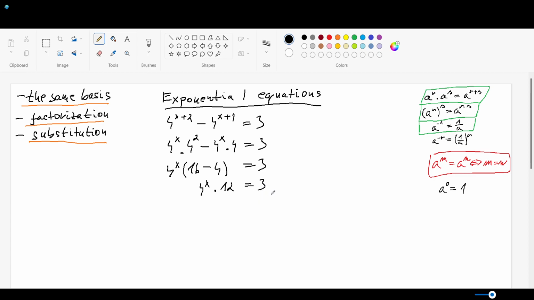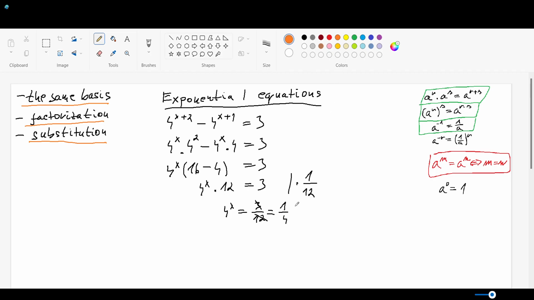Maybe some of you already can see what is going to happen, because we want to rearrange our equation so that we have the same bases on both sides of the equation. So the only thing we can do is to multiply by 1 over 12. So 4 to the power of x is equal to 3 over 12, and this can be simplified to the fraction 1 over 4.